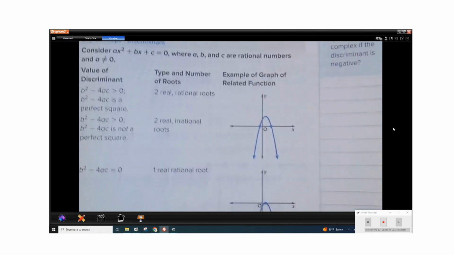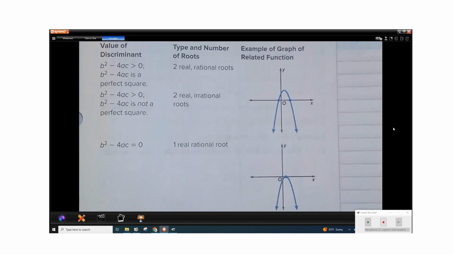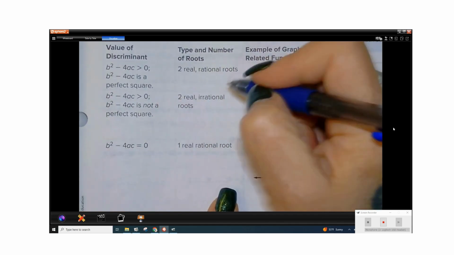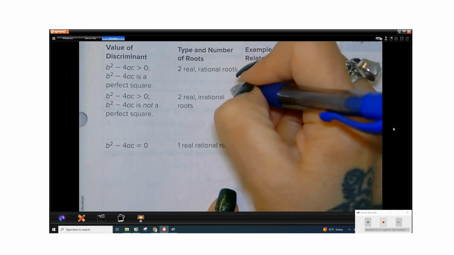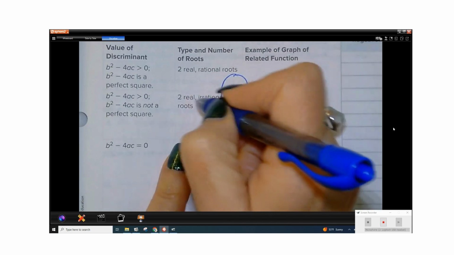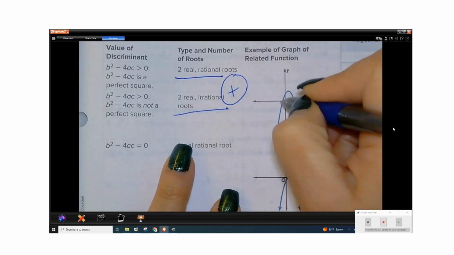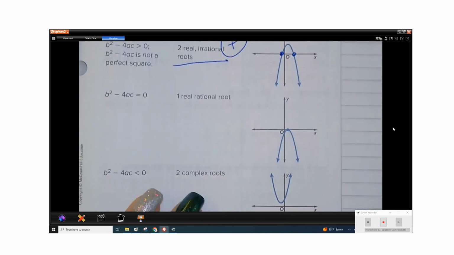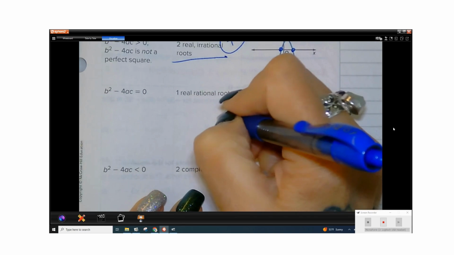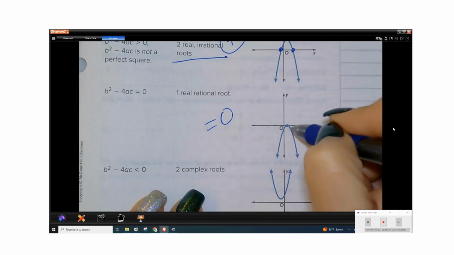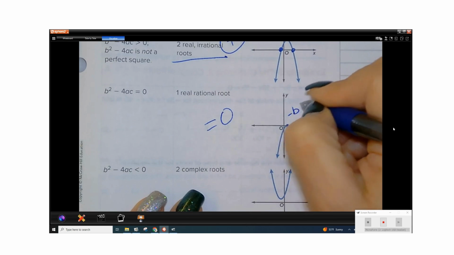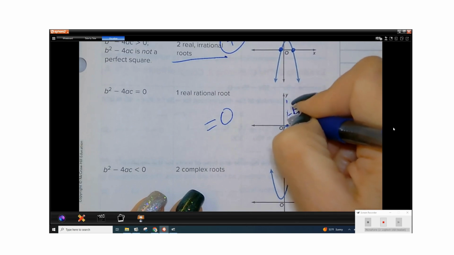So here it shows this parabola. It could be any of them as long as you have two roots. The discriminant is positive. You get two irrational or rational, anyway, you cross the x-axis twice. If it is 0, there's only one root, and that root is your axis of symmetry, b over 2a. Do you see how it's the one that crosses?